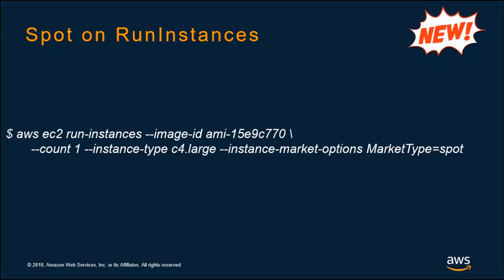And then third and foremost, and this is a really important one, if you're a user that is reliant upon a third-party system to launch instances that doesn't support Spot today, because they haven't had the time or chance to integrate with another API, with a Spot API, well, now you don't need to use a different API.